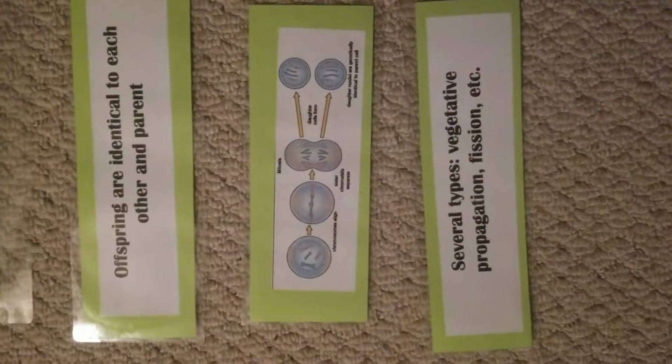On the other hand, sexual reproduction actually involves two parents. Okay, usually it's most commonly male and female, but not always. Sometimes it can be two different types, but then there's also going to be the involvement of sexual organs as well.